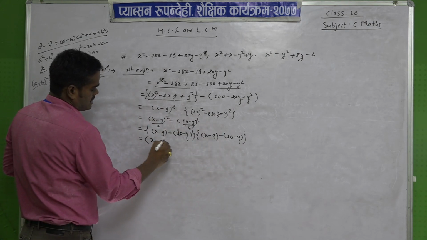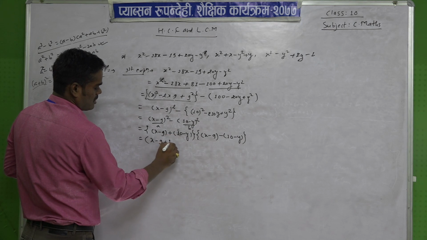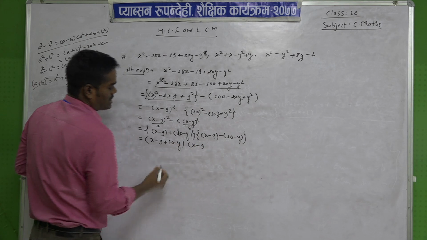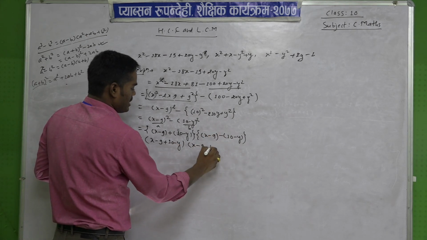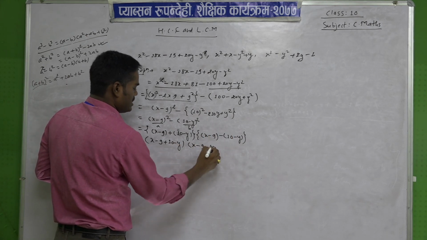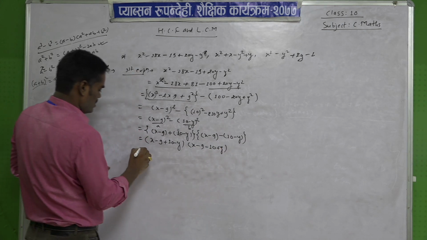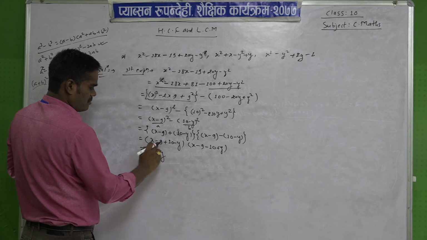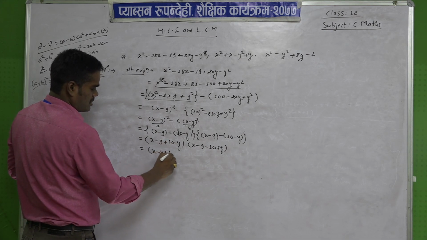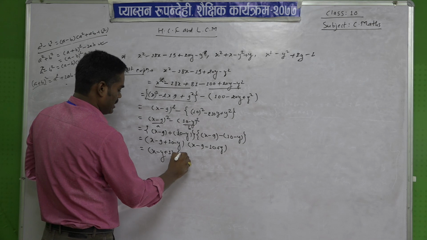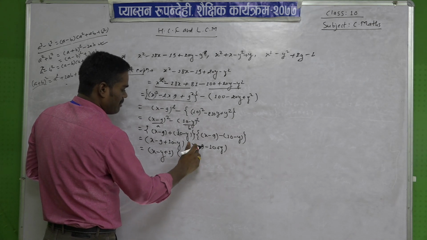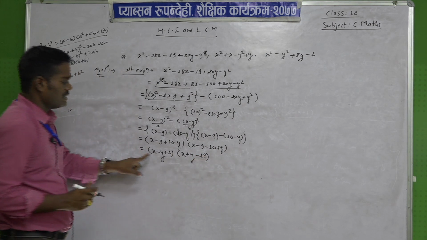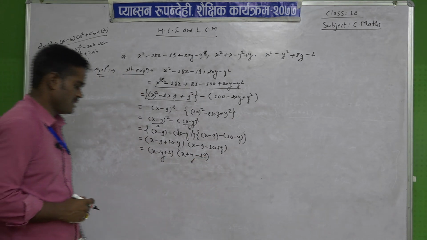So x minus 9 plus into plus, plus 10 plus into minus, minus. Here x minus 9 minus into plus, minus into minus, plus. So simplify: x minus y, minus 9 plus 10 means plus 1. And here x plus y minus 9 minus 10 means minus 19. This is the factor of the first expression.